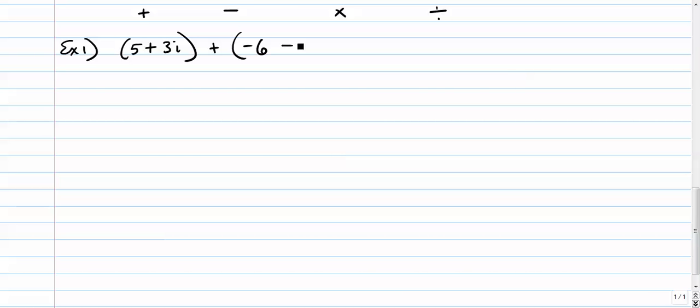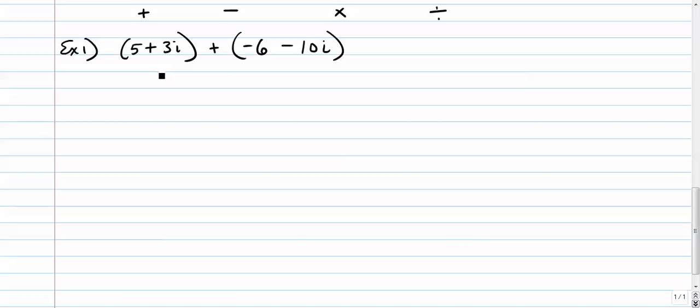Next thing we want to look at when we're introduced to a set of numbers is how to add, subtract, multiply, and divide those numbers. Example 1, let's add. So let's say we have 5 plus 3i plus negative 6 minus 10i.